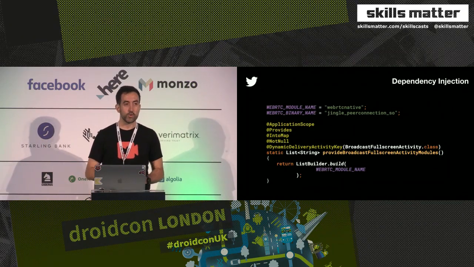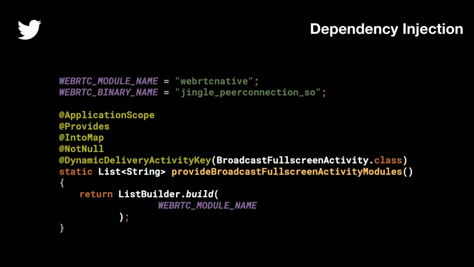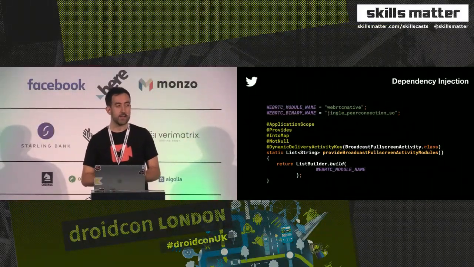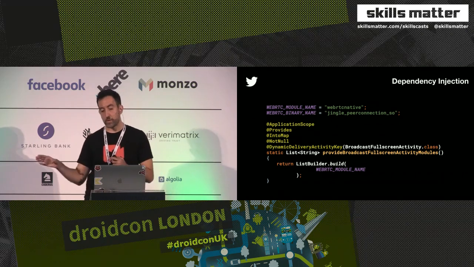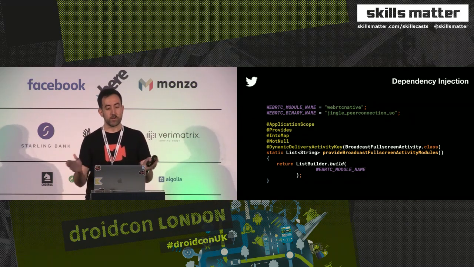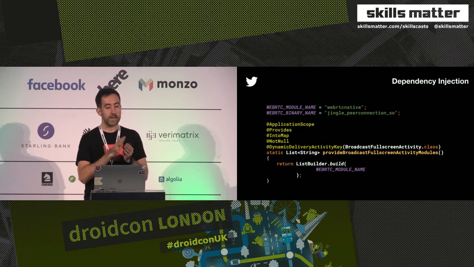And then we also use Dagger very strongly. For providing this to the whole app, we actually put this in an application scope, and we take advantage of the IntoMap function. That means that for every screen we have, that's why we have the class, we put this particular screen as the key, so we're going to have this subset of different modules by name.